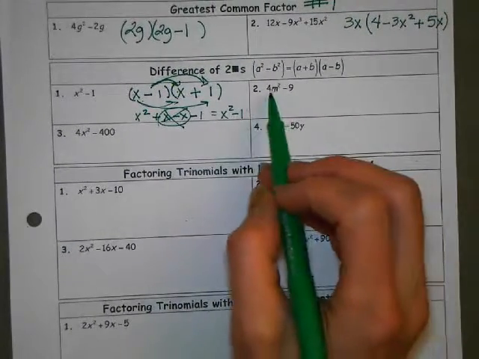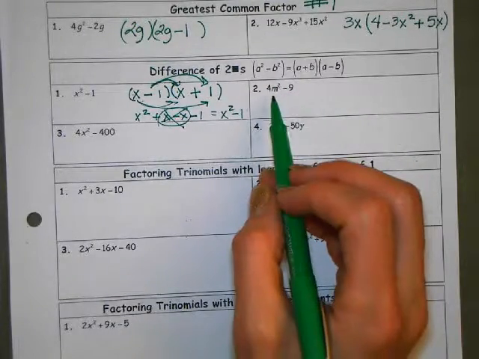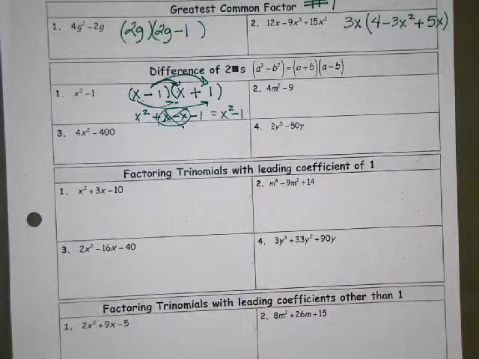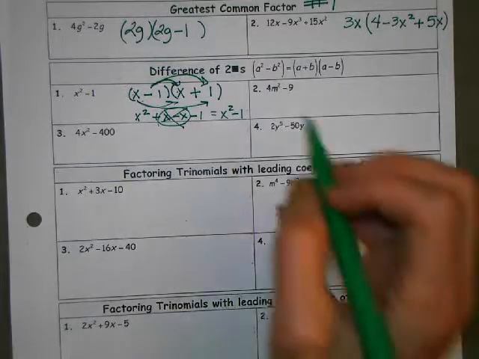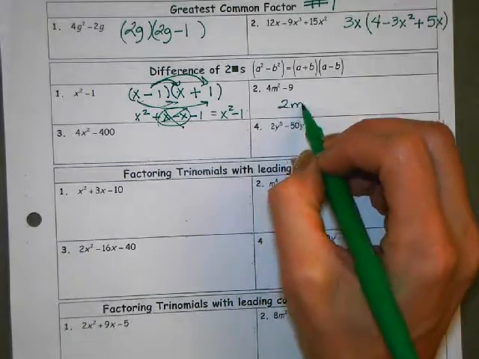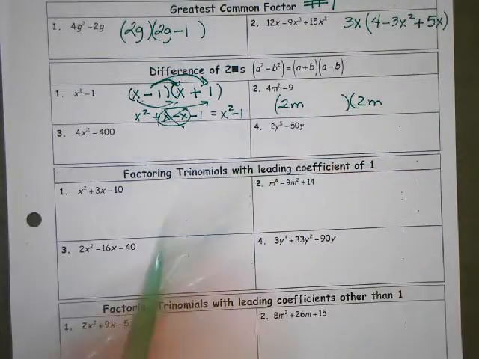Alright, number 2 has a variable with an exponent, and then it has a minus a number. So I'm going to ask myself, is this a perfect square? Is 4m squared a perfect square? It is. What's the square root of 4m squared? 2m. So 2m and 2m. So I take the square root of that number.